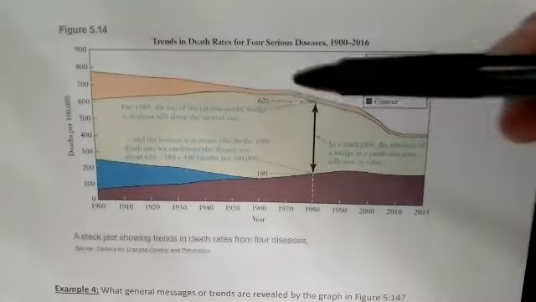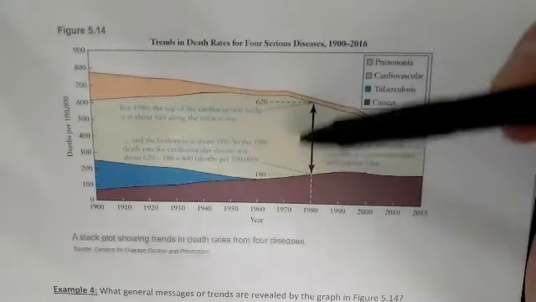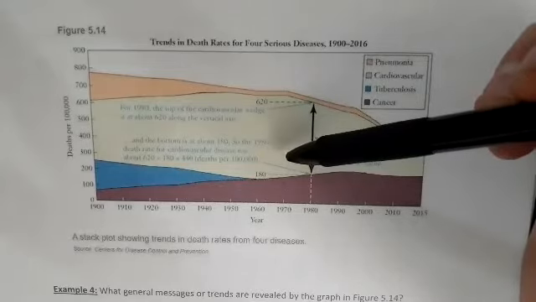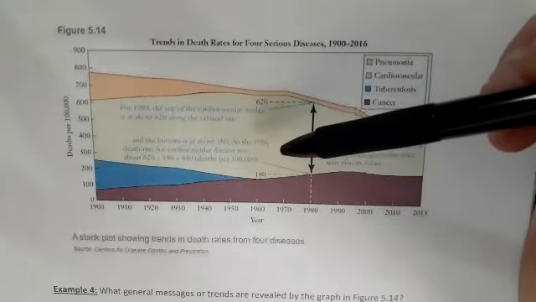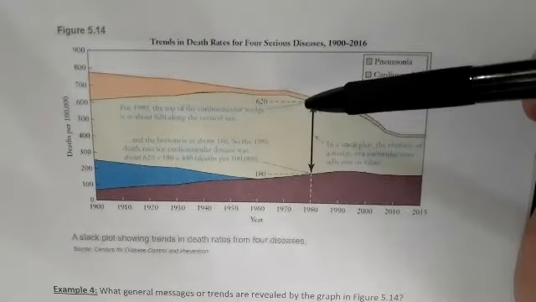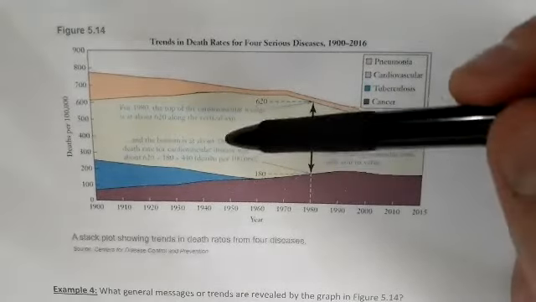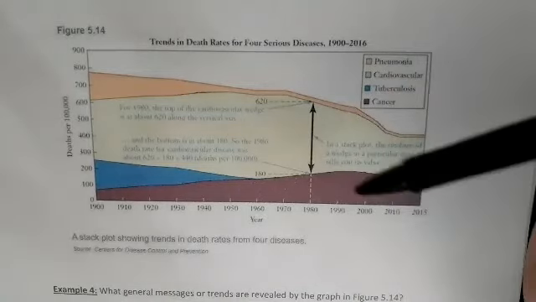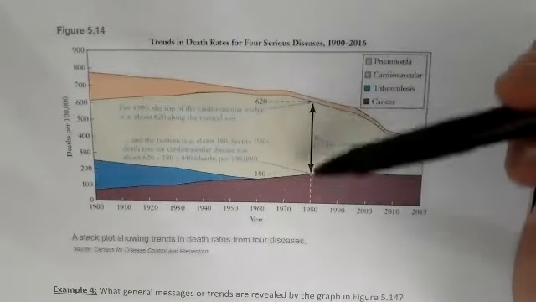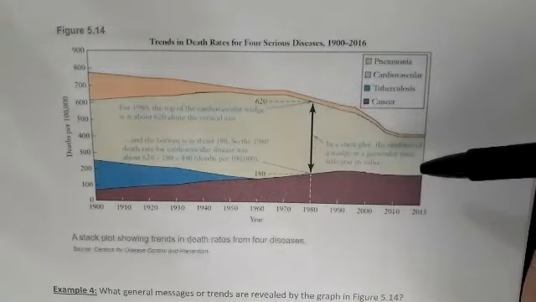For the cardiovascular wedge, it's this beige color in here. We're looking here, this is 620, this is 180. If we subtract those two things, there's around 440 deaths per 100,000 people. So what we're actually looking at is the width of these colors here.